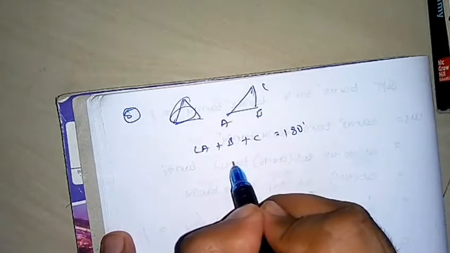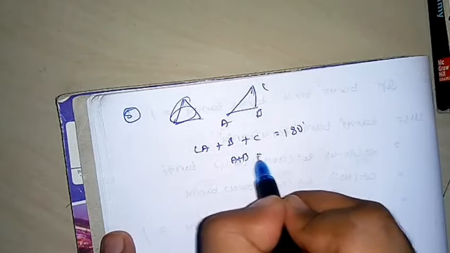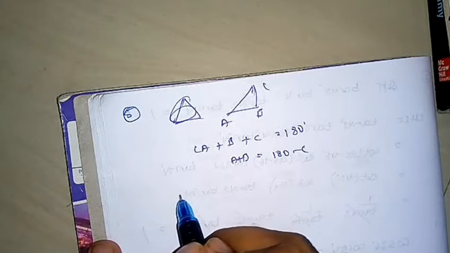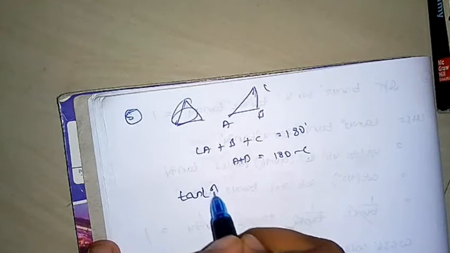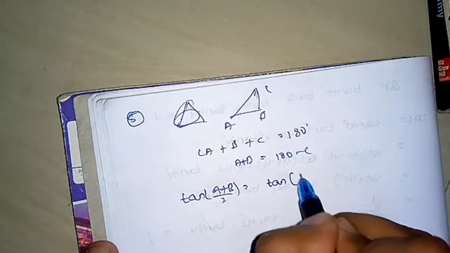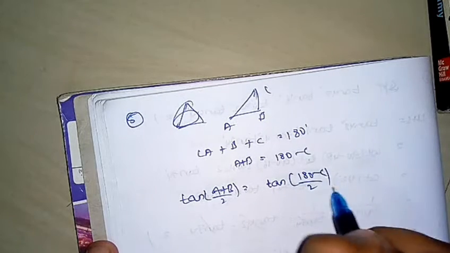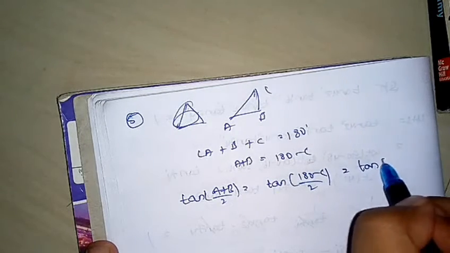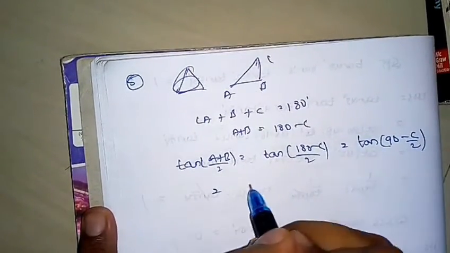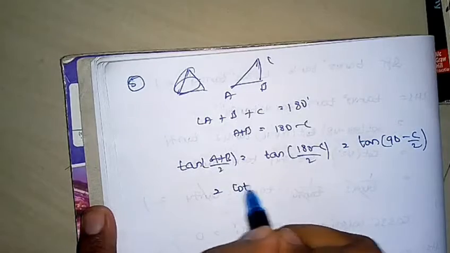So A plus B will be equal to 180 minus C. Now we are given tan (A plus B) by 2, which is equal to tan of (180 minus C) by 2, which is equal to tan (90 minus C by 2). Tan (90 minus theta) is cot theta, which is equal to cot C by 2.